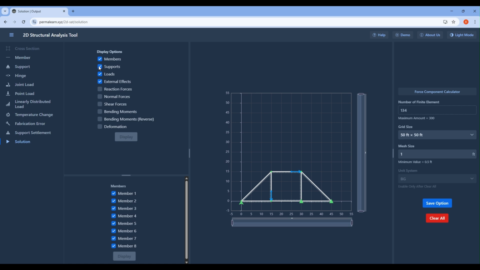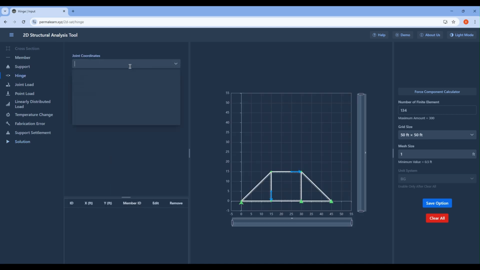So I want the force in all bars, so it is the normal force. I click display, so it will show that. Oh, I forgot to mention that if you are working with the truss, you need to add hinge to all members.